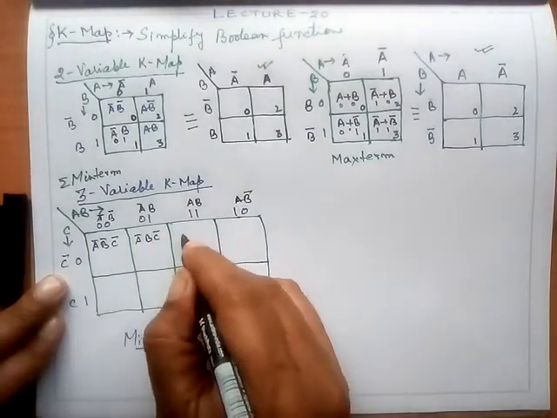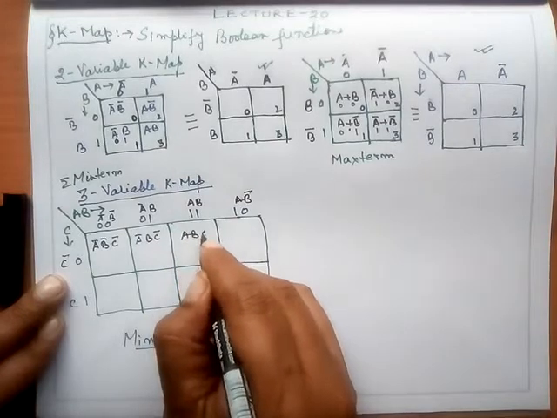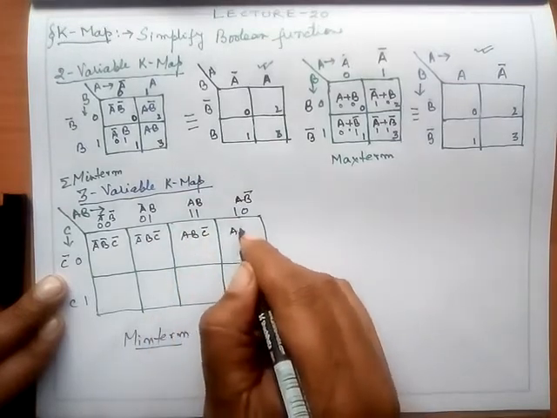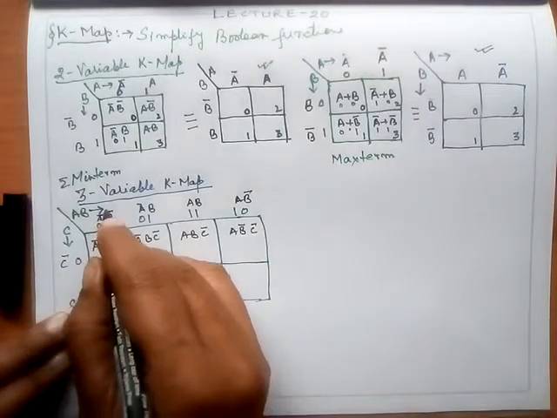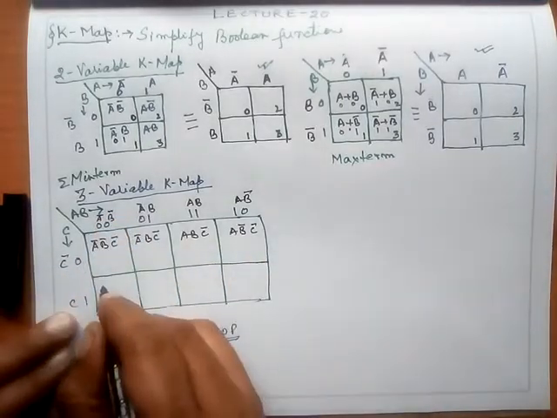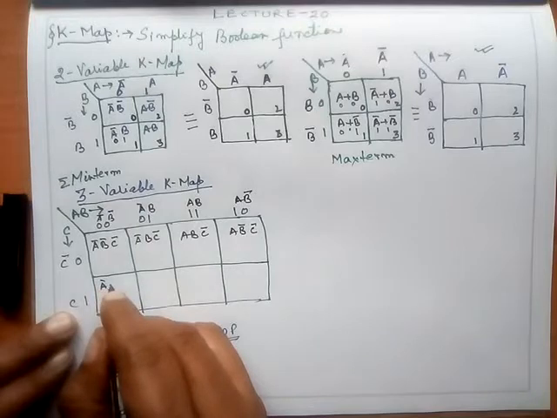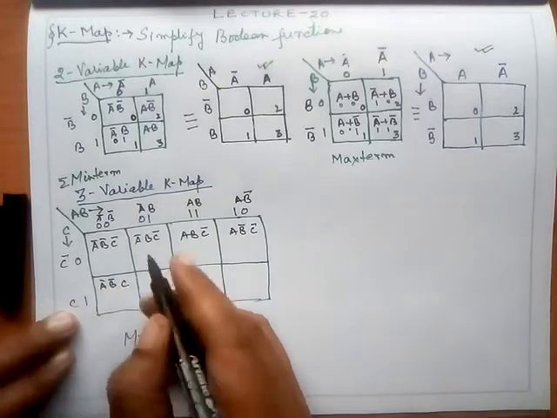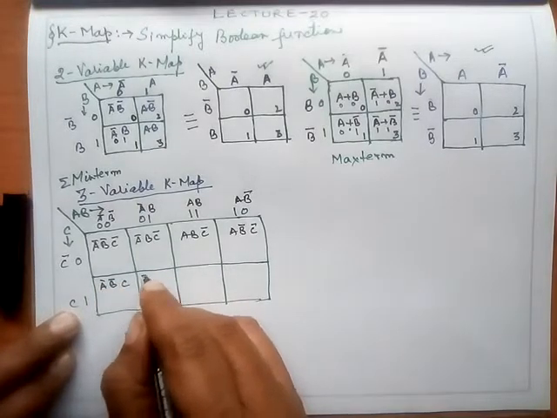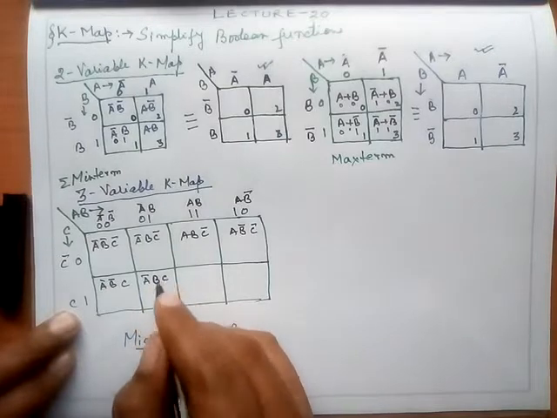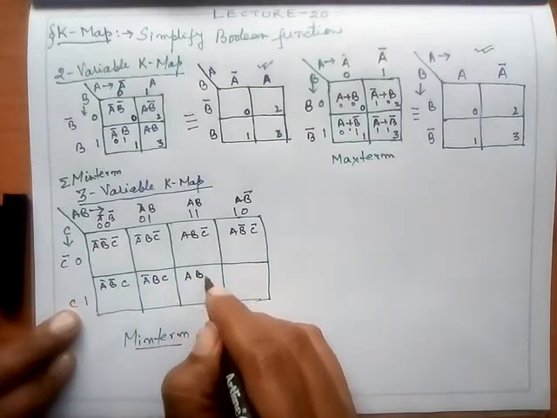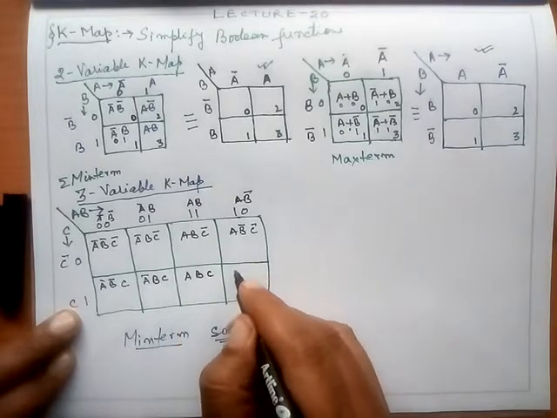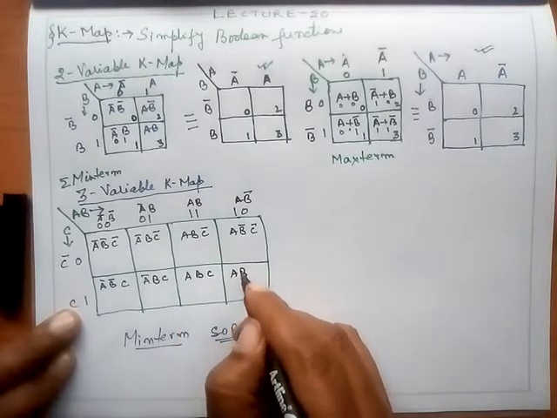Then this is AB C bar, then AB bar C bar. This one, A bar B bar from this side and C, so it is A bar B bar C. This represents A bar B C, this represents ABC, and this represents AB bar C.